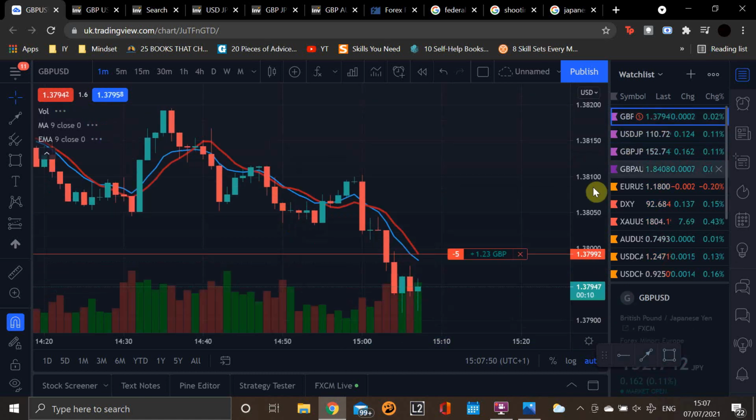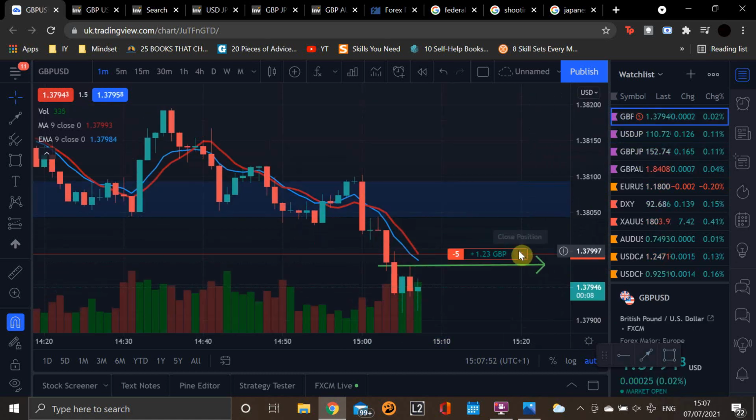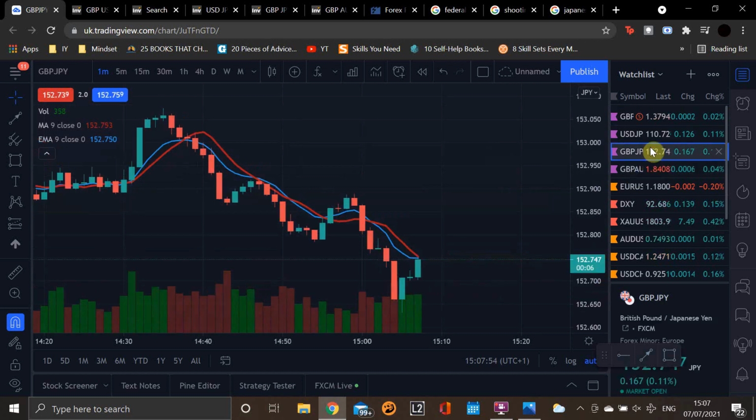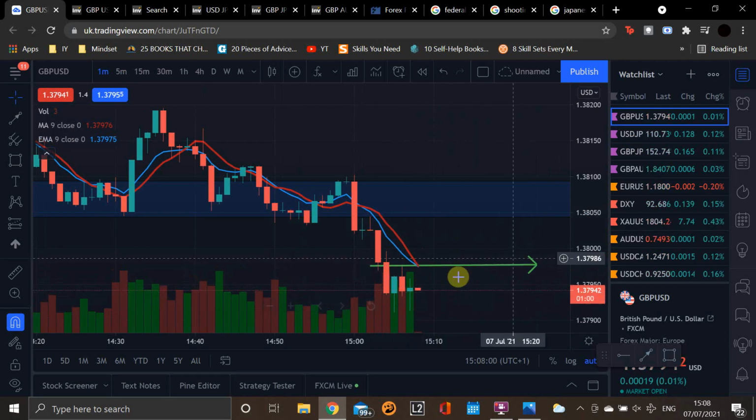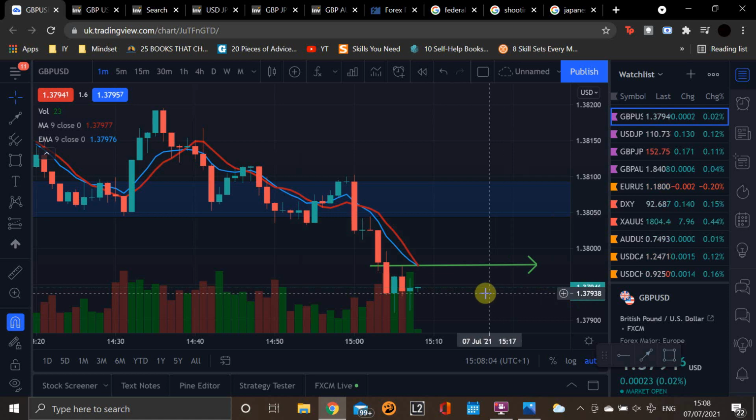So GBP's climbing up. It's climbing up. I think that's Japanese yen finished here. Yeah, take the trade. Take the trade. It's climbing up.